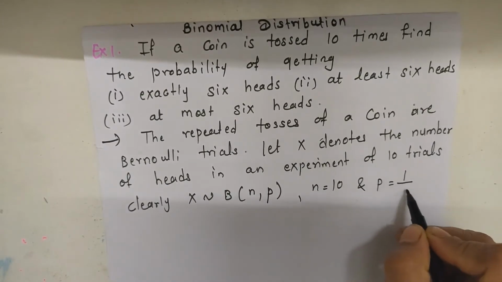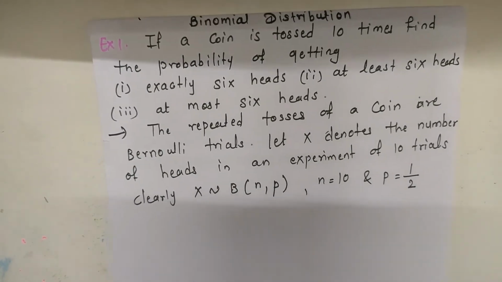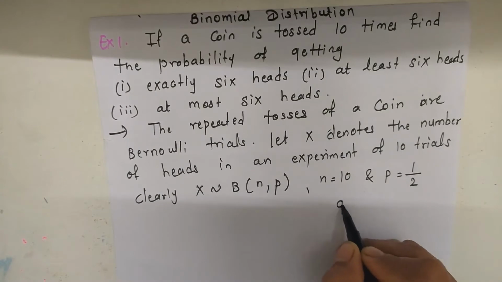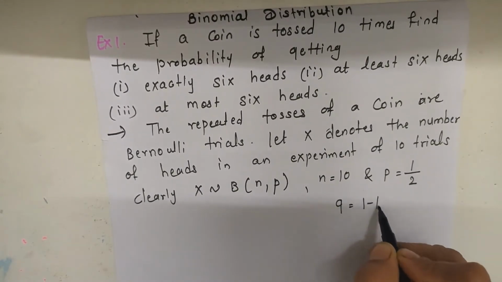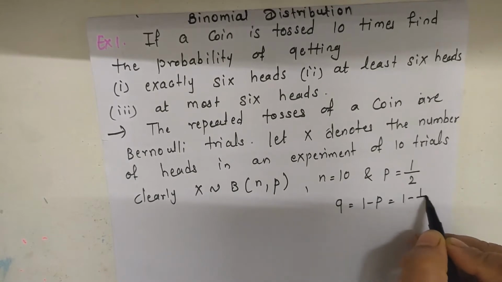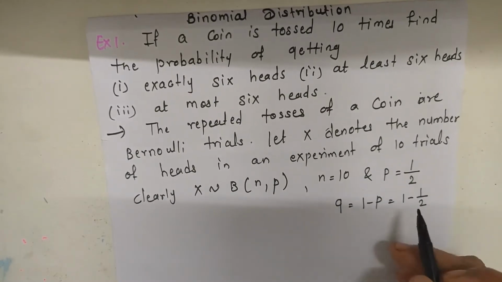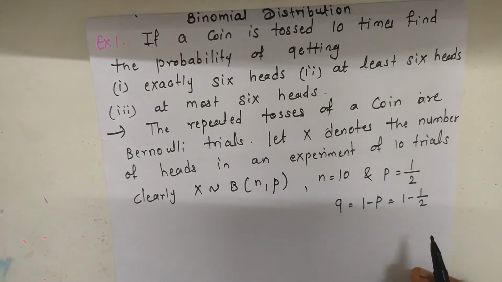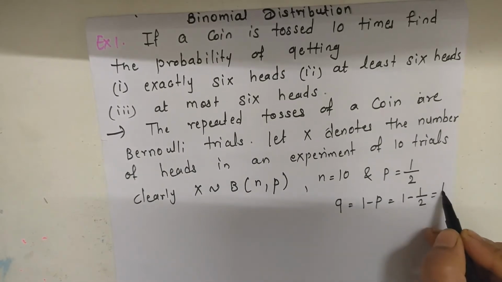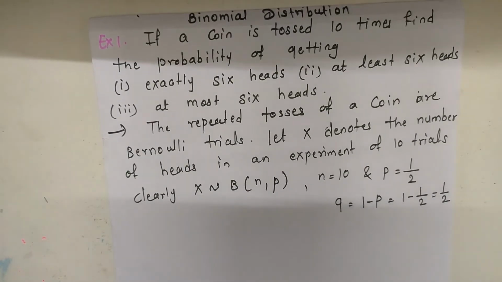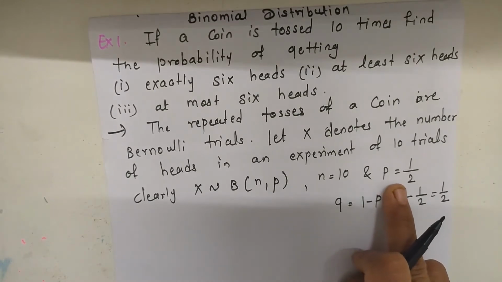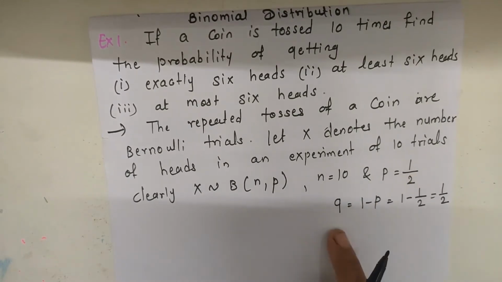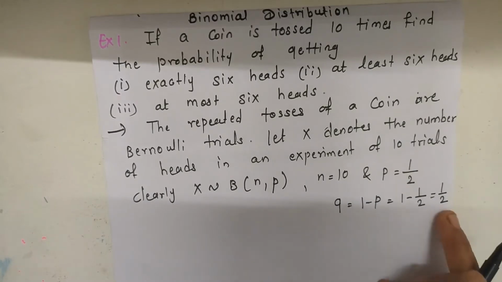And also q is equal to 1 minus p, that is 1 minus 1 by 2, which is equal to 1 by 2. So the probability of heads is equal to half and the probability of tails is equal to half.